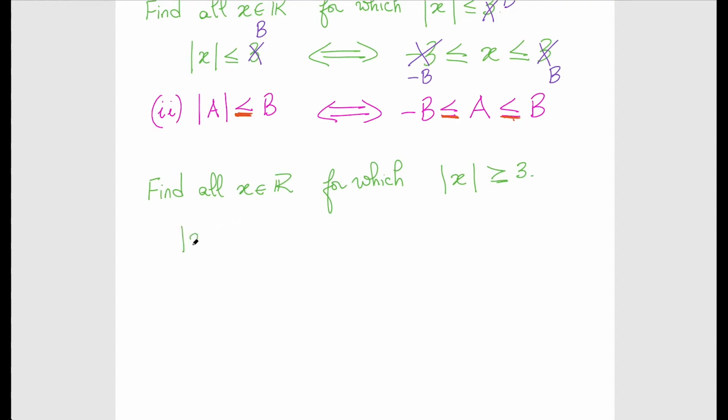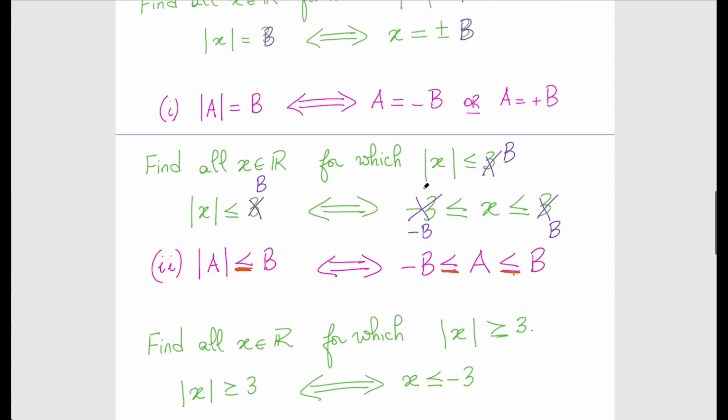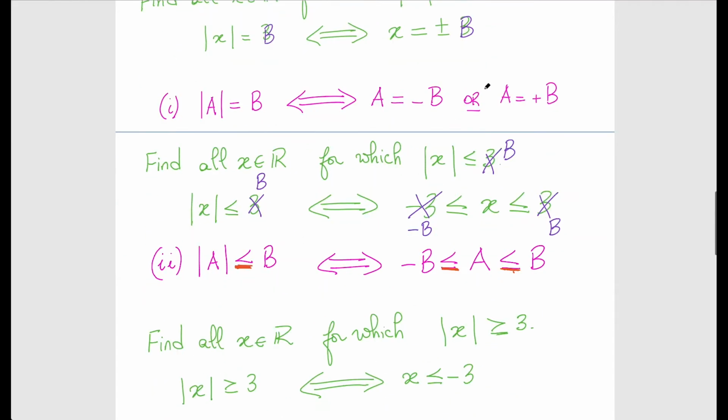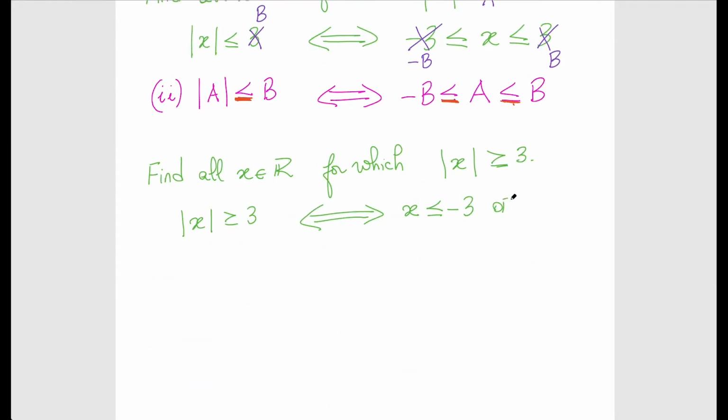So the absolute value of x being greater than or equal to 3 is equivalent to, and that's an absolute value inequality, if you want to drop the absolute value, that's the price to pay: x is less than or equal to -3, so it's at most -3. These would be those brown guys. Or x has to be 3 or more. Correct? Very good.